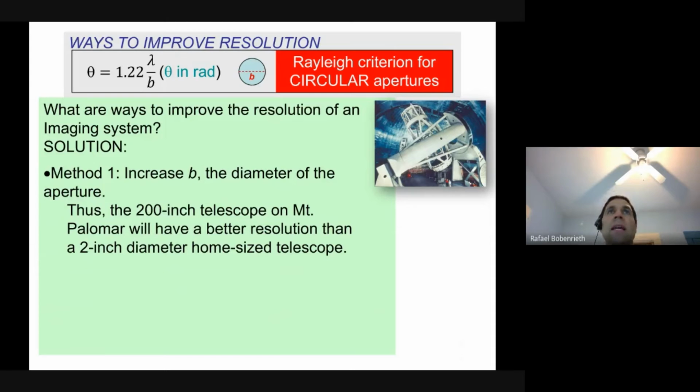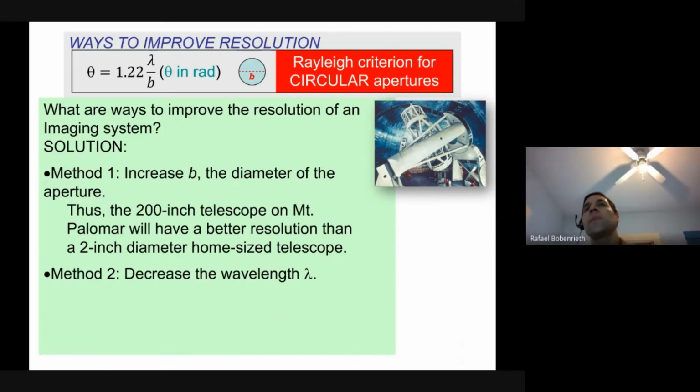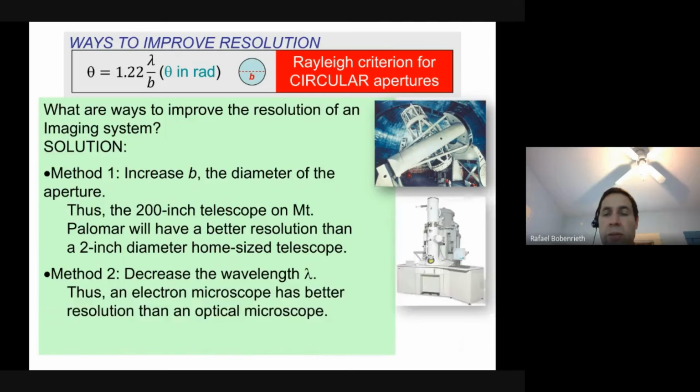The other way, if you look at lambda on top there in the numerator, would be to do what? Decrease the wavelength, okay? And that is the basis of something called an electron microscope. Optical microscopes, like maybe what you use in biology, have a certain resolution, but scientists realized that if I use an electron microscope, because remember, electrons have a wavelength, the de Broglie wavelength, its wavelength is way, way smaller than anything in the optical range.